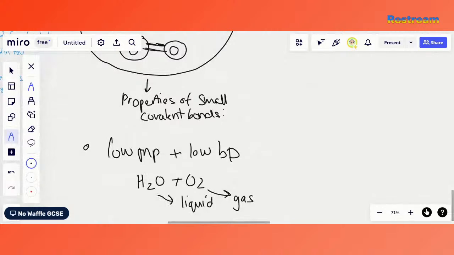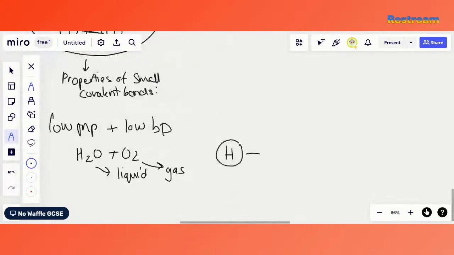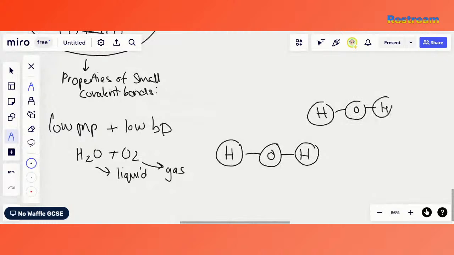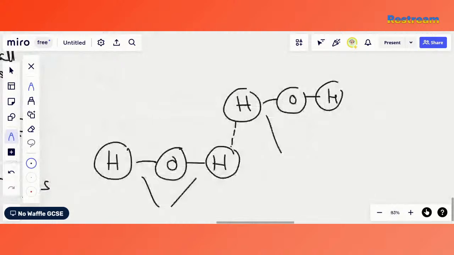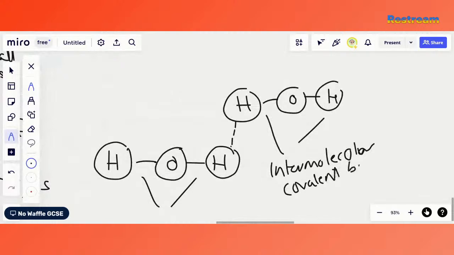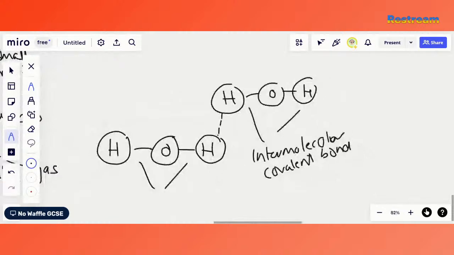So the reason why we have this is because if we look at the structure of water, for example, what we see here is that these covalent bonds, which connect oxygen to hydrogen, are very, very strong. And they're very strong because they're sharing the electrons.